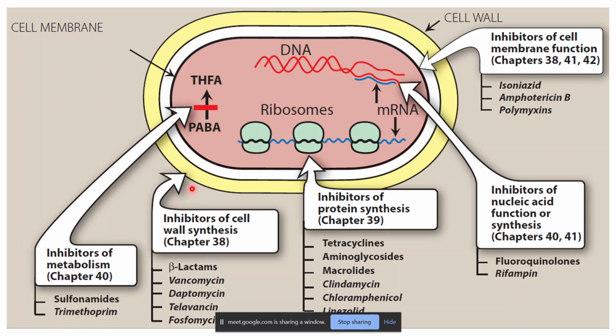So the first antibiotics were the inhibitors of the cell wall synthesis, and so they inhibit the synthesis of the cell wall of the bacterial cell, and because the human cells don't have the cell wall, that makes it a selective action.